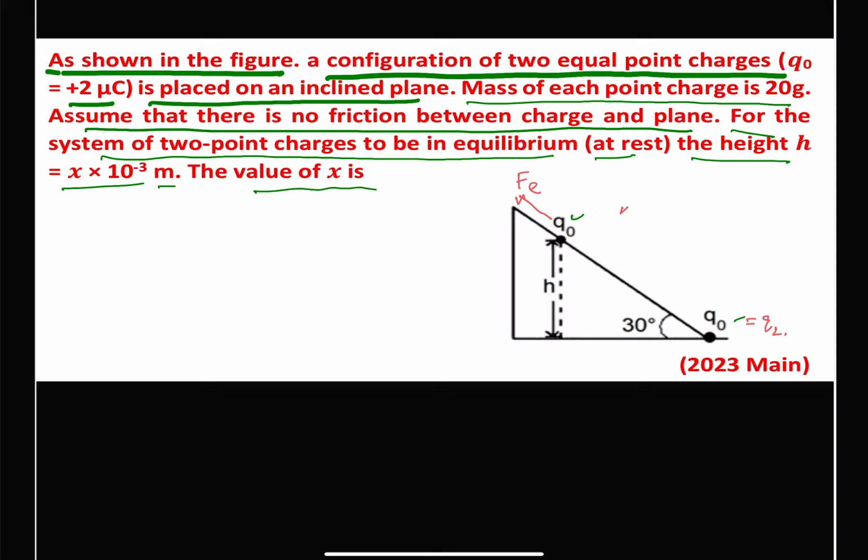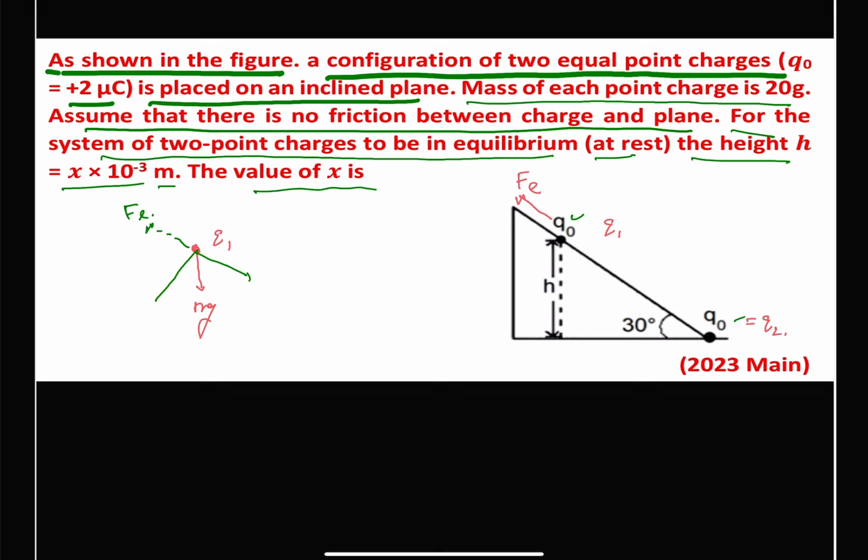And this is our Q1. Okay, let me draw it here, much easier. So this is our Q0, which is our Q1. In the downward direction, we are going to have mg, and up the inclined plane, we are going to have Fe. So mg we can divide into two components.